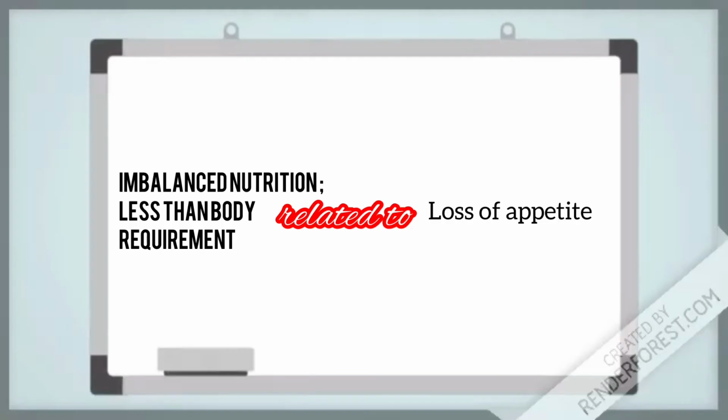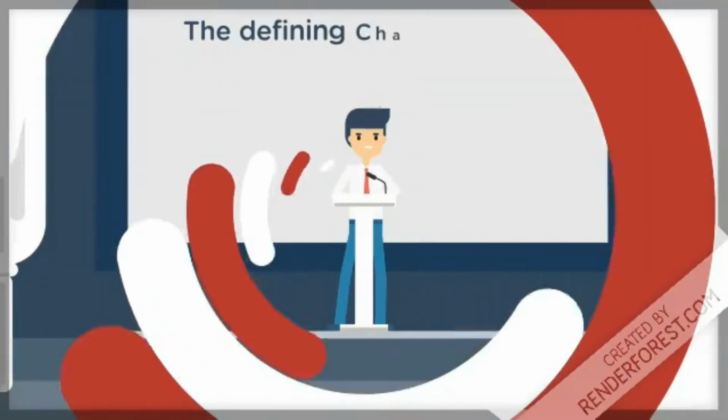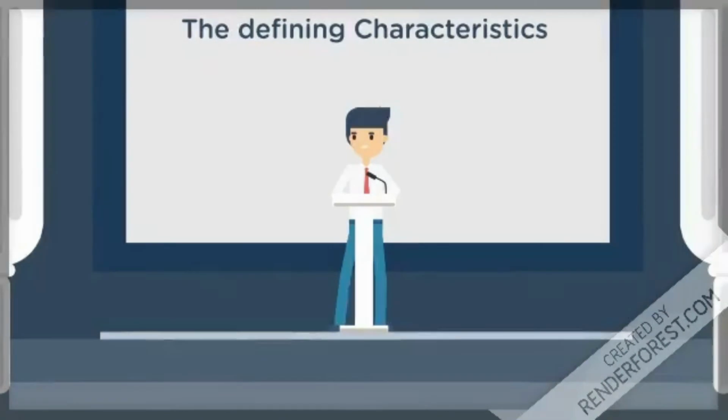So imbalanced nutrition less than body requirements related to loss of appetite as evidenced by or as manifested by. So it's more like we can see that the patient is malnourished because he's not eating. Are you getting it? So this is going to tell us what you saw to make you think or believe that the patient is malnourished.